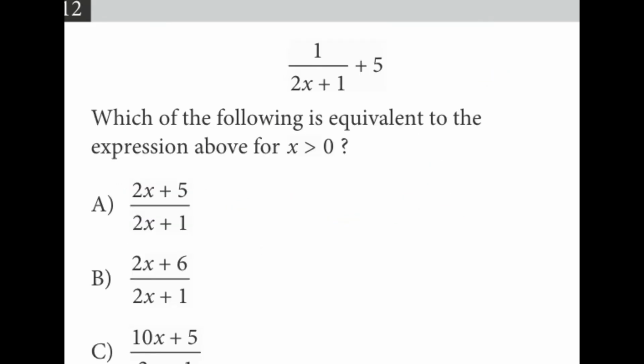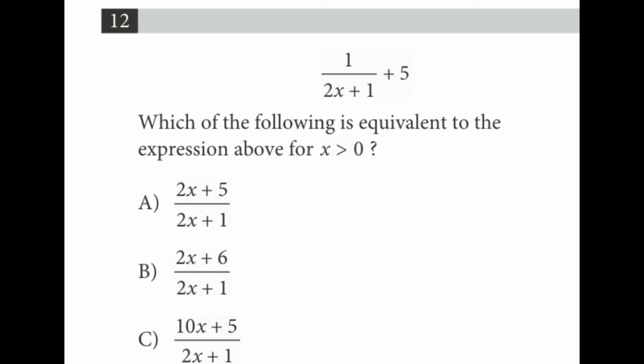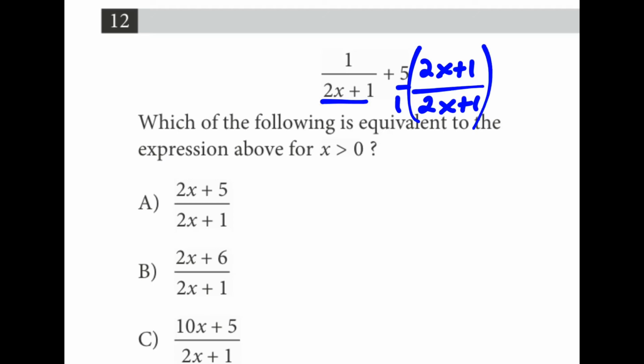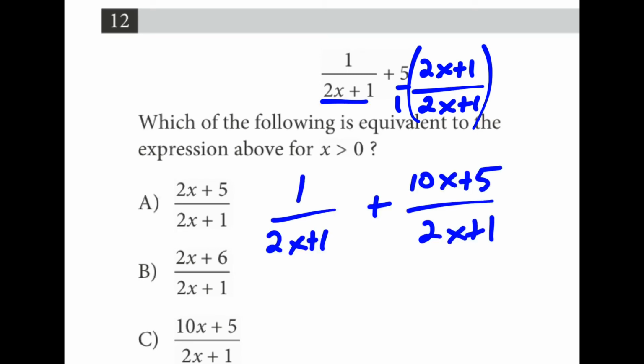So for number 12, we're trying to make an equivalent fraction. Since the denominator on the left is 2x plus 1, we can try to make that the same denominator on the right. So we can multiply 5 by another version of 1. If we do so, remember that it's 5 over 1, and when you multiply straight across, this becomes the fraction 10x plus 5 over 2x plus 1, because I distribute the 5 to each of those values.